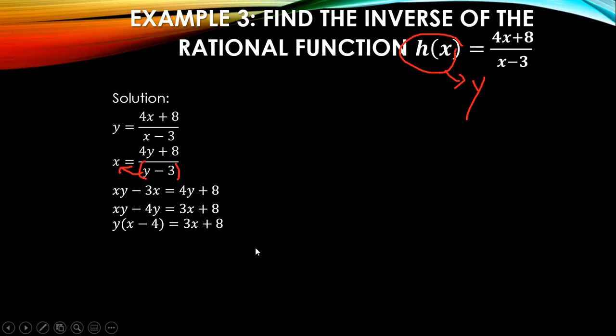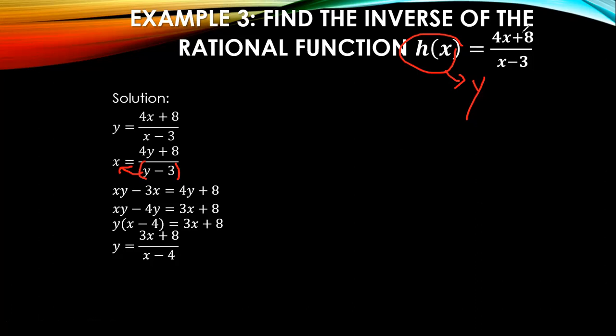So, factoring out y, nilabas ko yung y. So, ang nasa loob na ng quantity or parenthesis is x minus 4 is equal to 3x plus 8. Now, final answer, y is equal to 3x plus 8 over x minus 4. Okay?